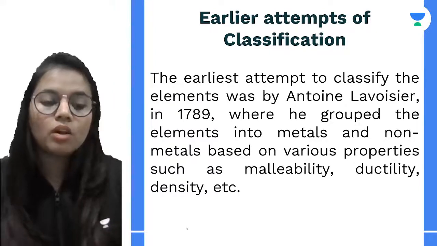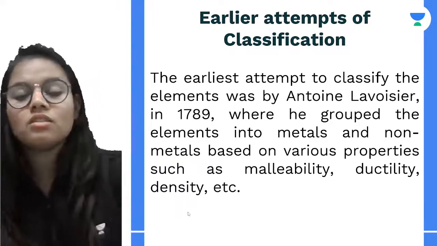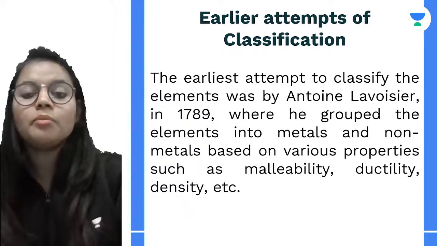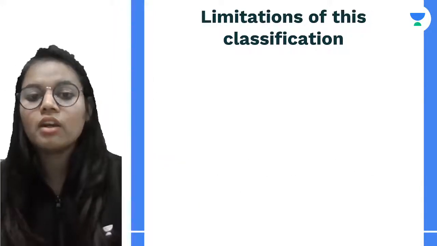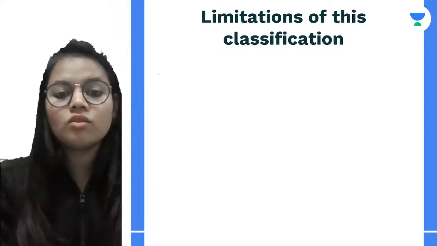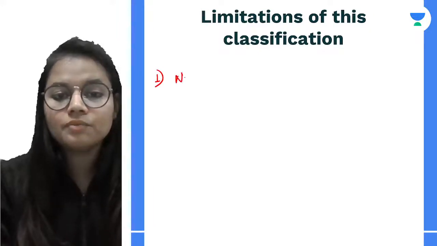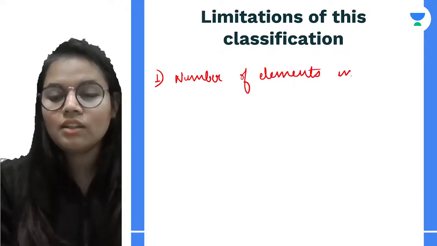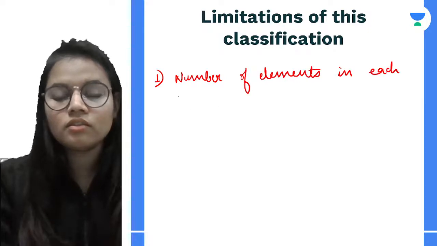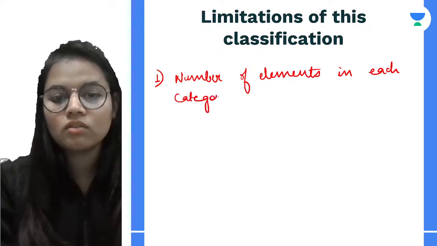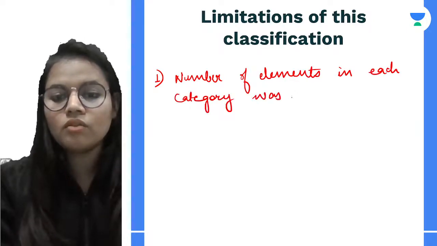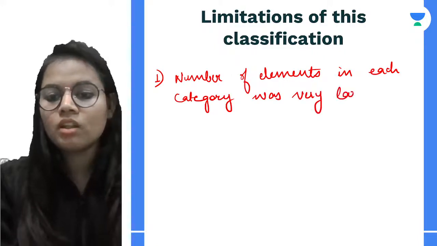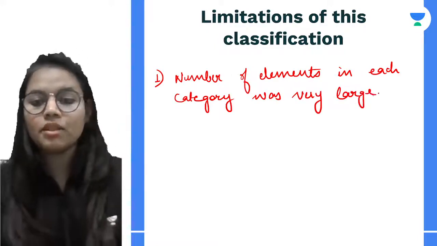Now, what were the reasons that this law couldn't be taken further? What were the limitations? First of all, the number of elements in each category was very large. What do we mean by this statement?